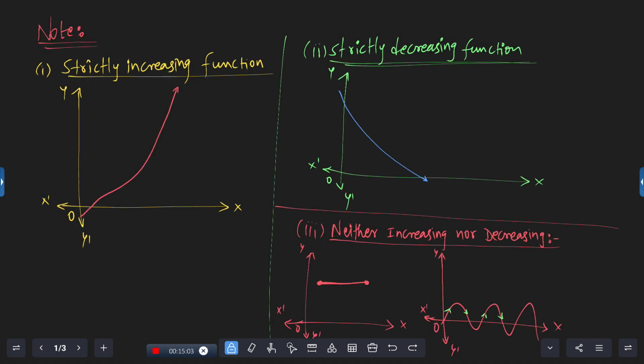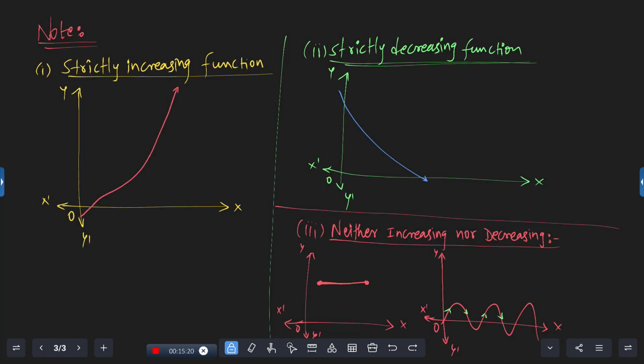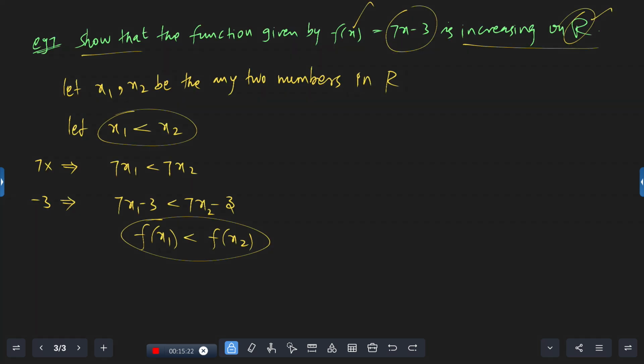When we assumed x1 less than x2, the function is also less than, so what do we have to say? Strictly increasing. Strictly increasing is also just increasing. Understand?